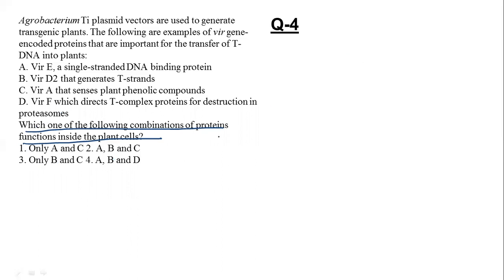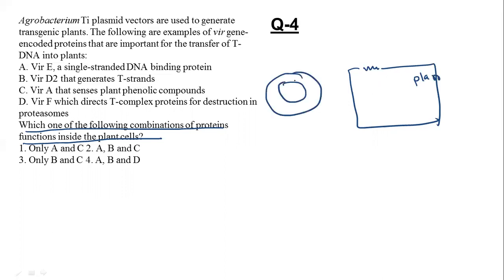We have already seen the drawing inside the plant cell, where there is the Ti plasmid and the T-DNA. Here first recognition occurs.